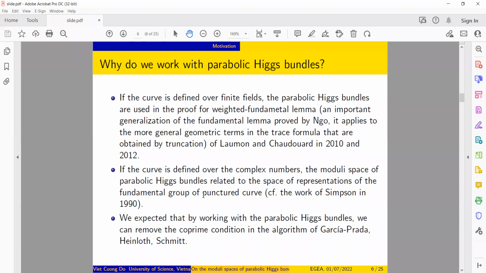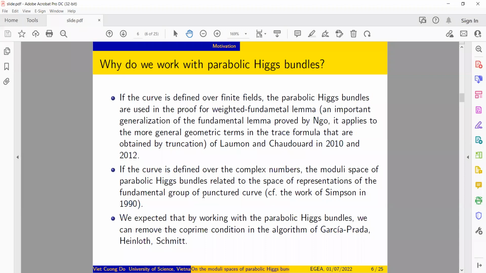The reason is that in the algorithm of Garcia-Prada, Heinloth, and Schmitt, we can apply the method when n and d are not coprime, but after we obtain a formula, we cannot get any information about the cohomology.